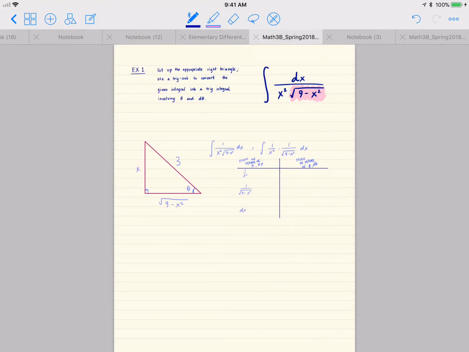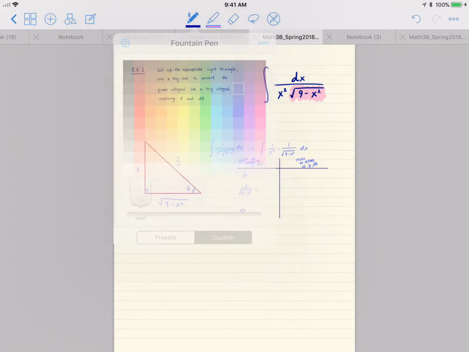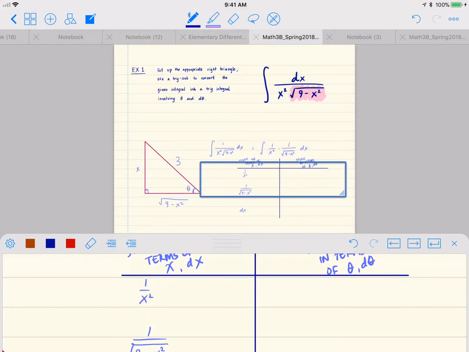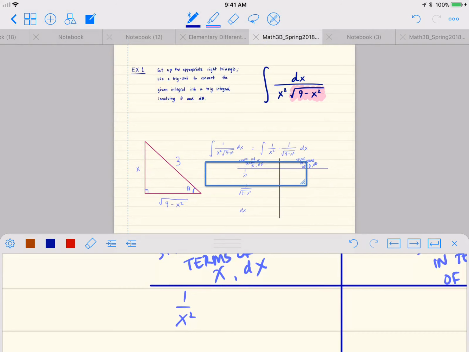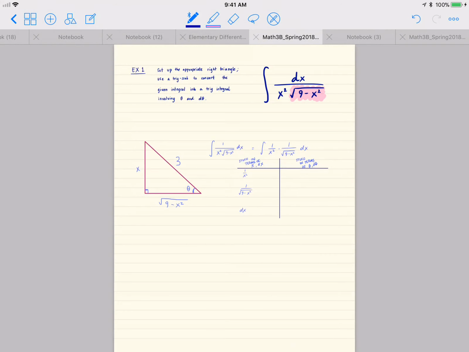Okay, so my stuff in terms of x. The first thing I have here is 1 over x squared. Now I need to figure out what is 1 over x squared in terms of theta. I look at my triangle, and from my triangle I use my trig to say, well, sine of theta is equal to opposite over hypotenuse, right? x over 3.